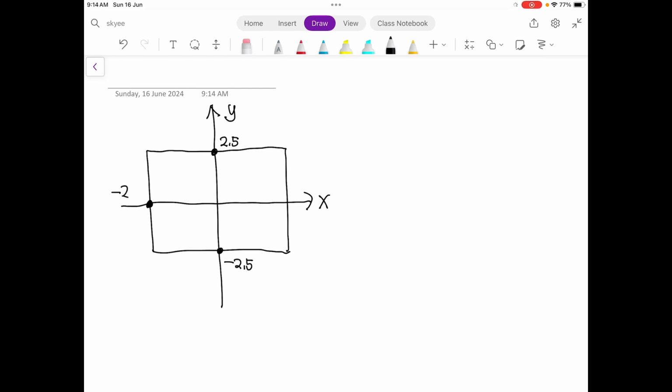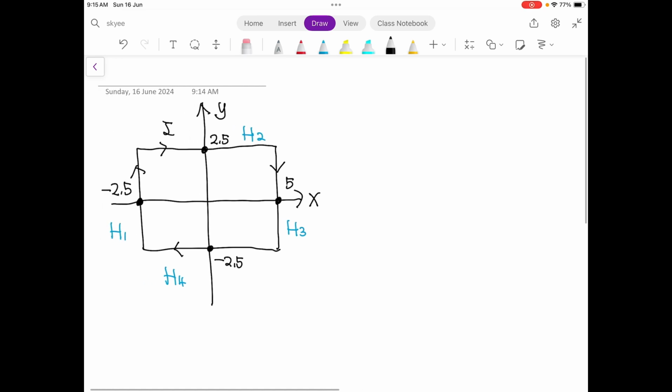So negative 2.5, and this is 5. I assume my current flows in these directions. So I have an H1 here, and then I have an H2 from here, H3 from here, and H4 from here.